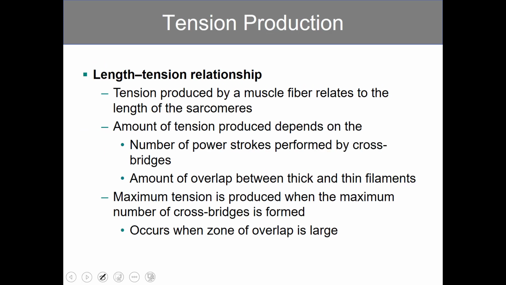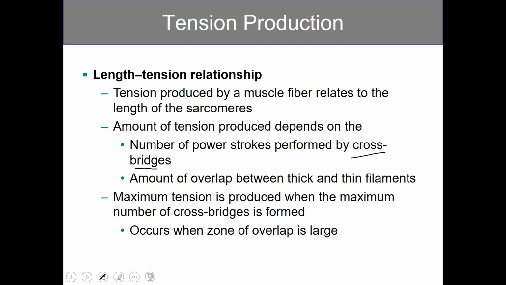In terms of the length, the tension produced by a muscle fiber relates to the length of the sarcomere. The amount of tension produced depends not only on the number of cross bridges that are formed, but also the amount of overlap between the thick and thin filaments.